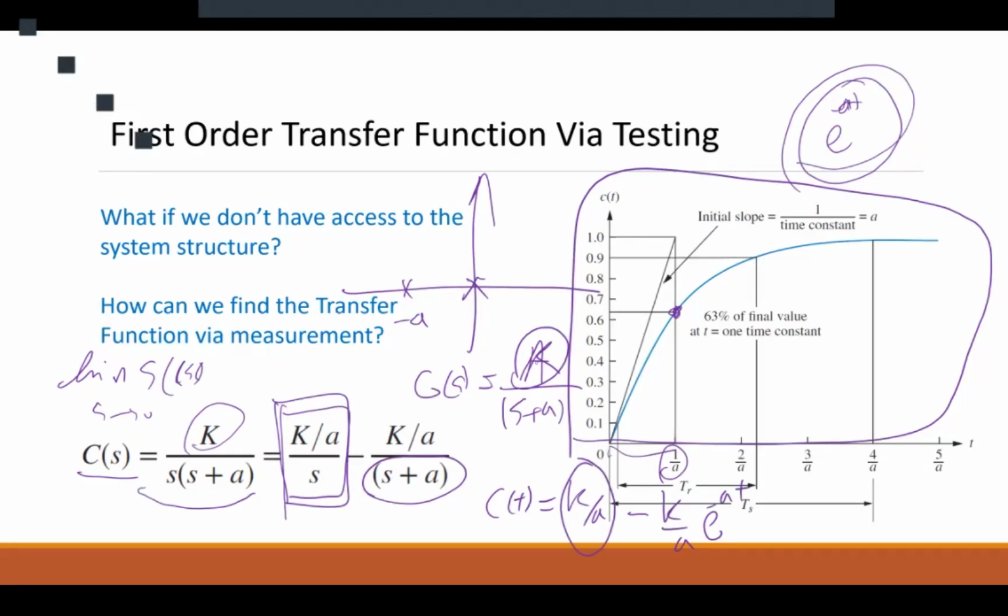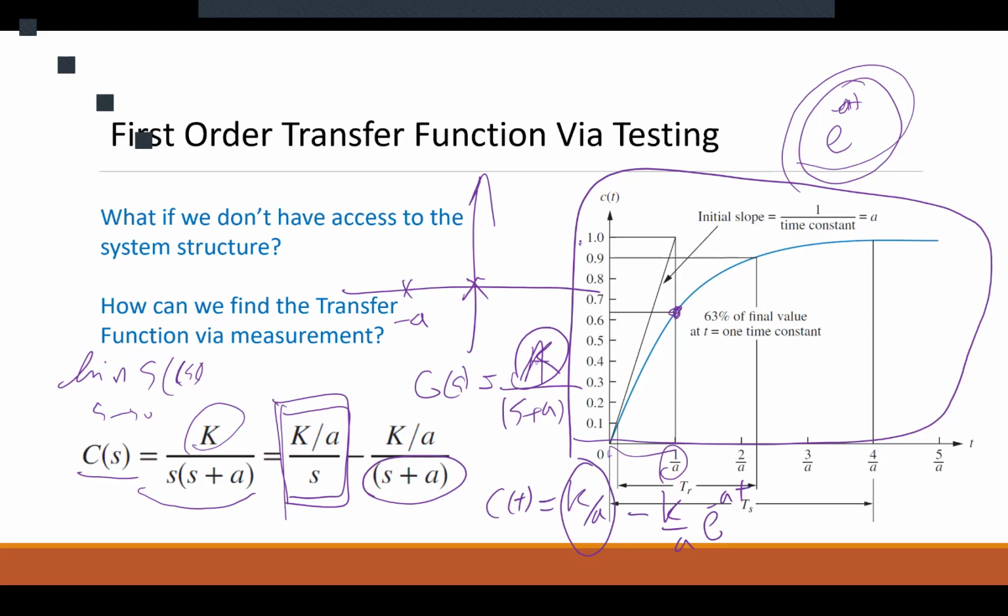What is K over A? We talked about that. What happens if t goes to infinity? This one is eliminated, only this one remains. What is K over A in that graph? The final value, the steady state. Are we good? So here, my final value is 1.